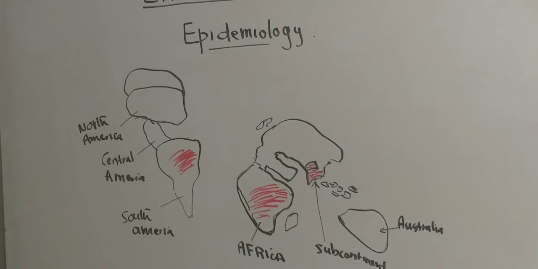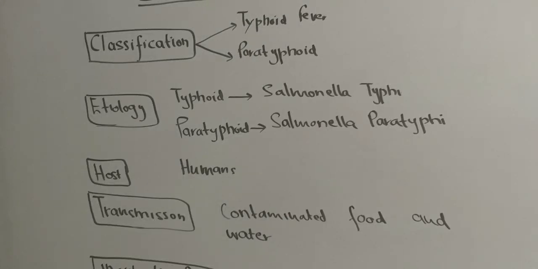Talking about some general facts about enteric fever, let's first classify it. It is classified into two categories. One is typhoid fever and one is paratyphoid fever. And what are the causative organisms in each of these? Typhoid fever is caused by Salmonella typhi and paratyphoid fever is caused by Salmonella paratyphi.